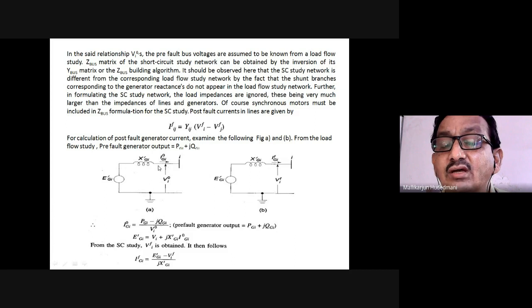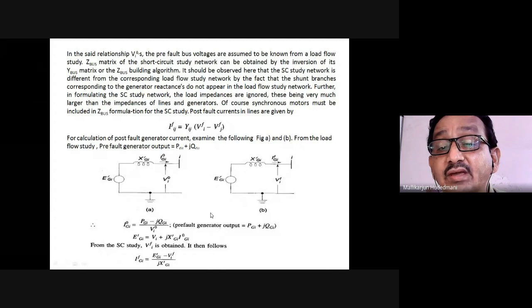If I know the generator's power rating, PGi, QGi, then (PGi minus jQGi) divided by Vi gives me the initial injected current. That is called the pre-fault generator current, and the pre-fault output would be PGi plus jQGi. There is no load here, only injections.